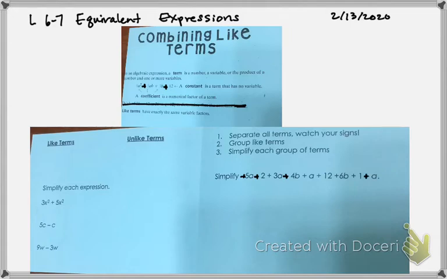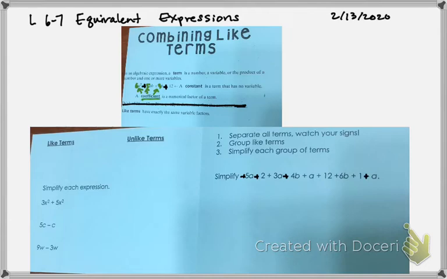It says in an algebraic expression, a term is a number, a variable, or the product of a number and one or more variables. So they gave me an example of 6a squared plus 5ab plus 3b plus 12. It told me about 12 being a constant, and it told me about coefficients. So I'm going to go ahead and highlight the coefficients. That 6, that 5, that 3, those are coefficients, right?